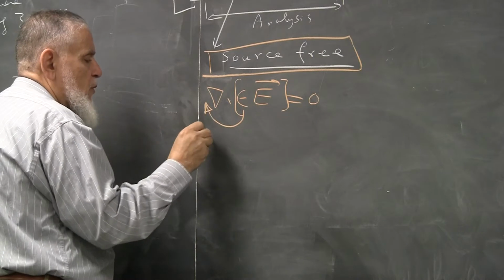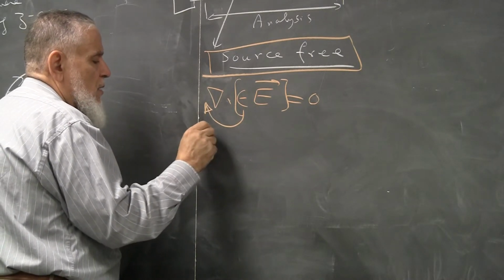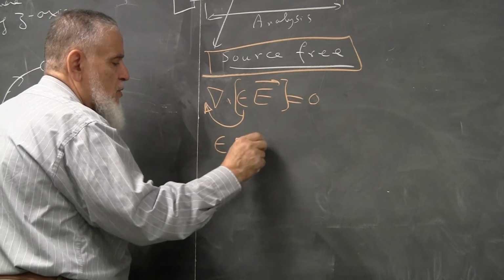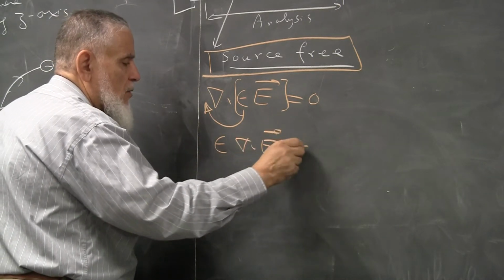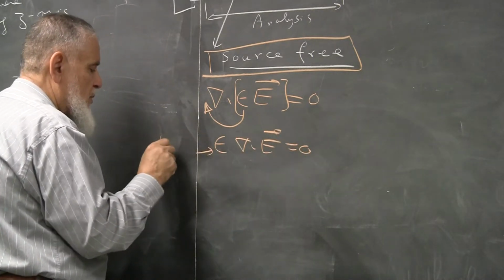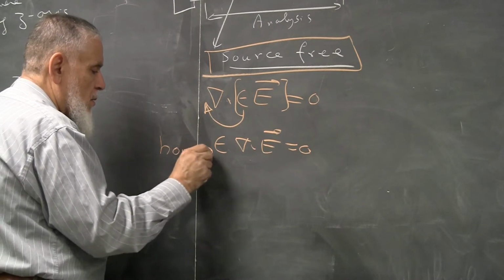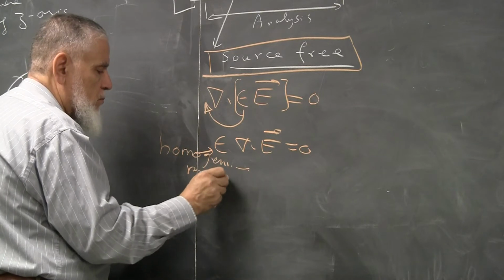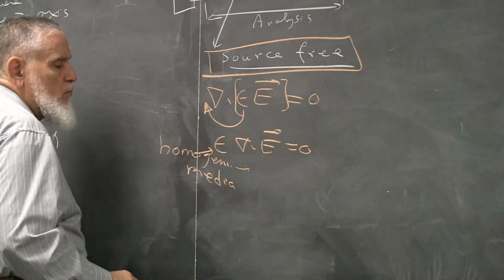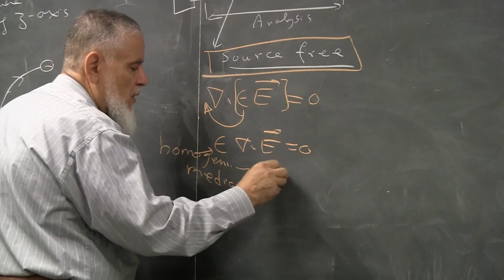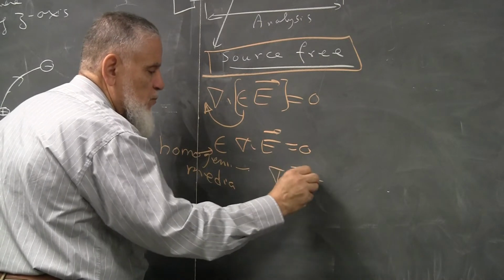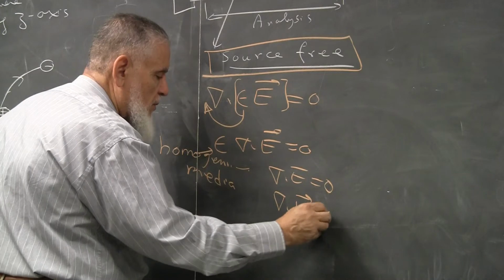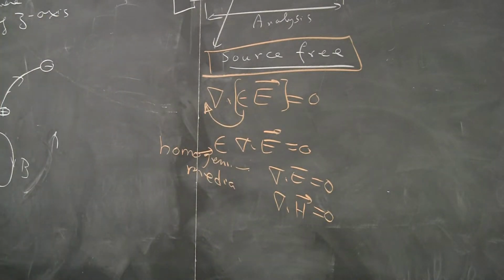We said it's uniform homogeneous, all right? So that can come out. So it's epsilon, the divergence of E is equal to 0. That's homogeneous medium. That means div E is 0. Likewise, div H is 0, right? If I do the same thing on the div H.